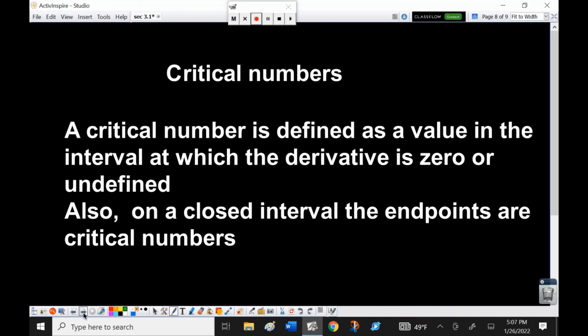Now for critical numbers. Ladies and gentlemen, when we start talking about extreme values on a function, we need to consider all critical numbers. There are different forms and different types of critical numbers. A critical number is defined as a value in the interval at which the derivative is 0 or undefined. So think about that. If you have a 0 for a derivative, you have a horizontal tangent.